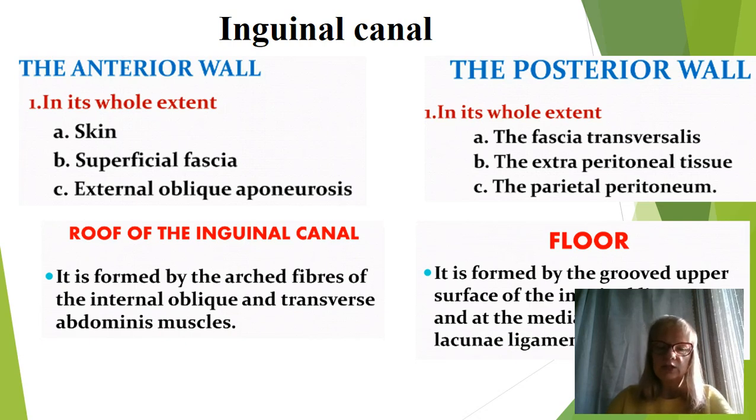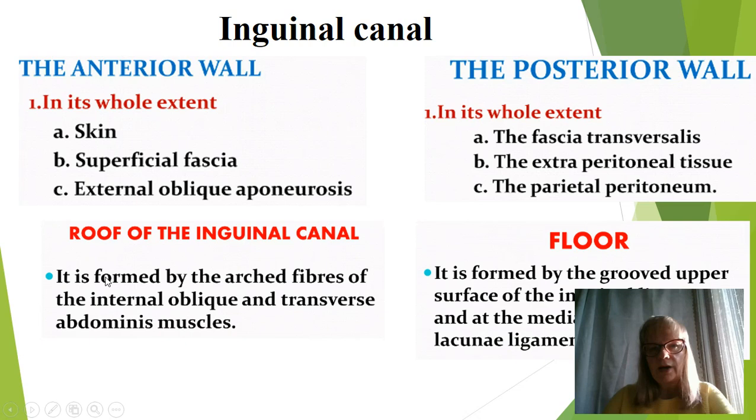But between the spine and the pubic tubercle, we have a free margin, the aponeurosis of the external oblique muscle, and this aponeurosis stretches between two structures and forms the inguinal ligament.